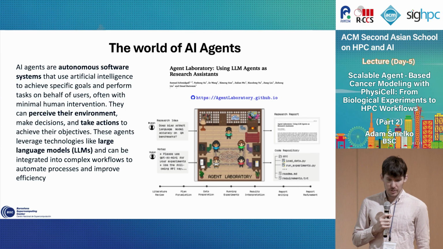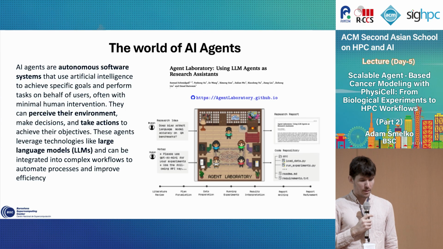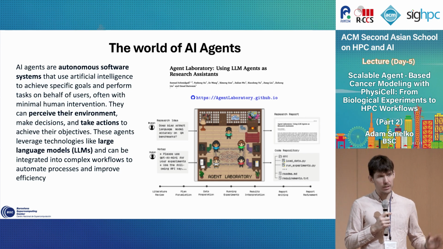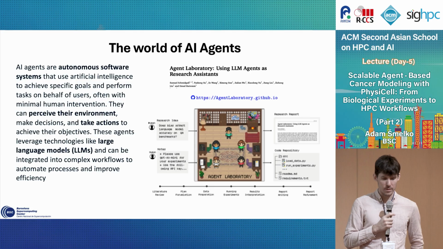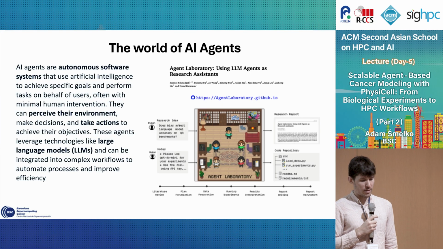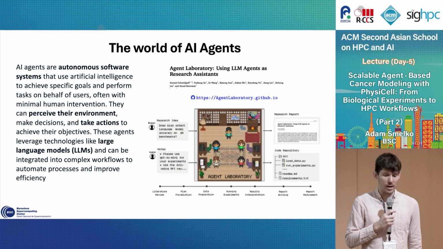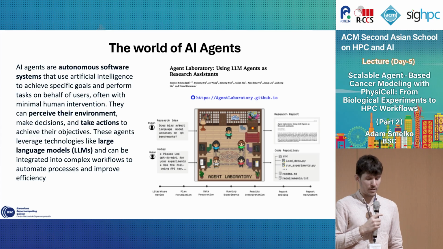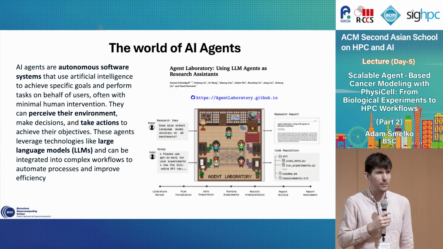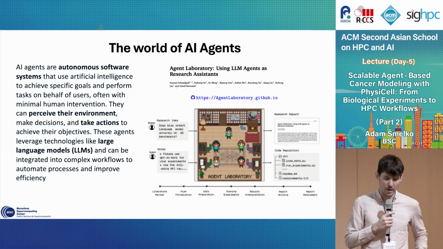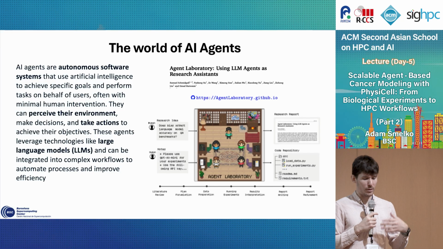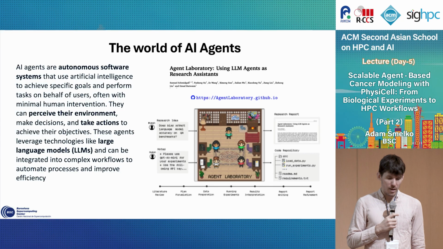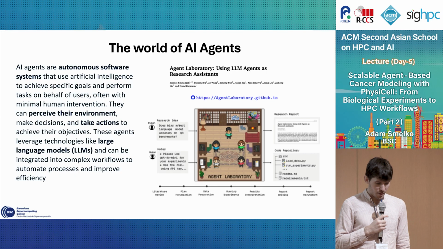And this brings me to AI agents, which I believe are the most promising integrator of AI and digital twins. AI agents are autonomous. They can perceive the environment, interact with the environment, reason about goals, and take actions.